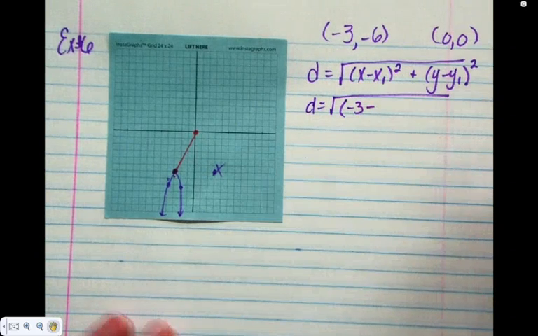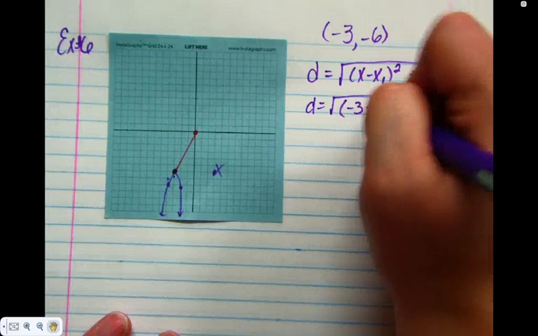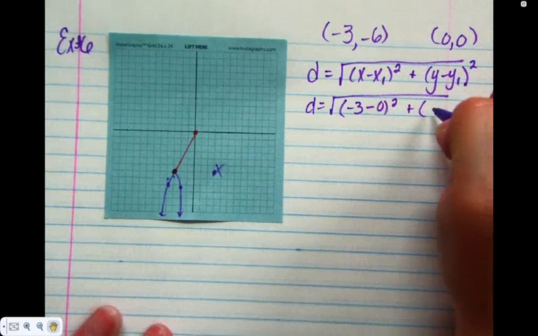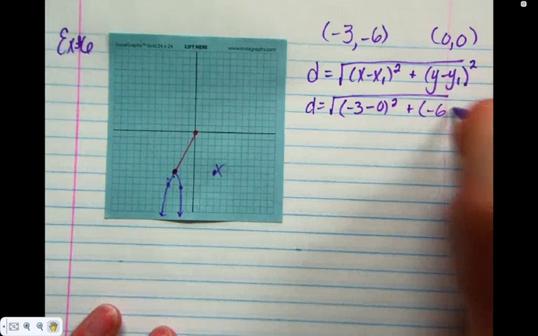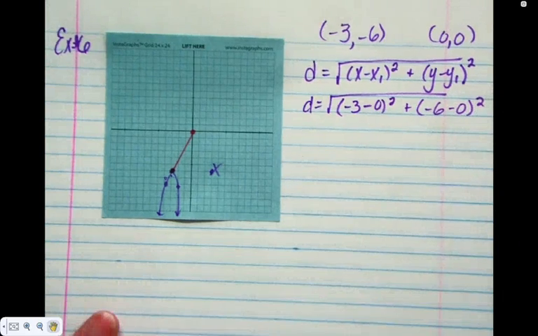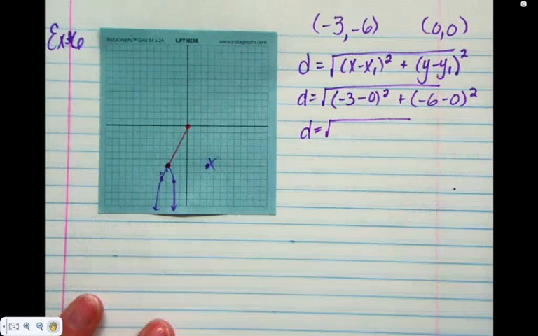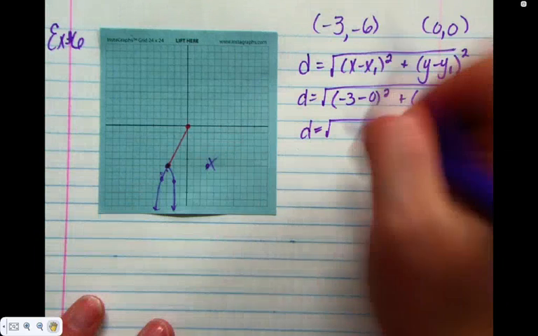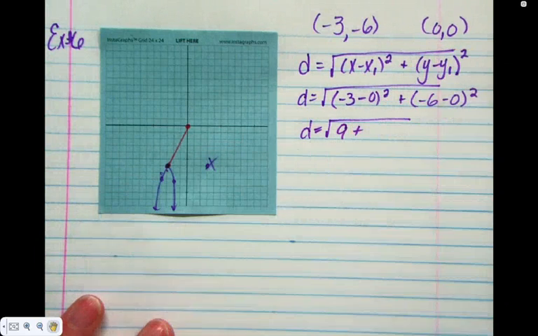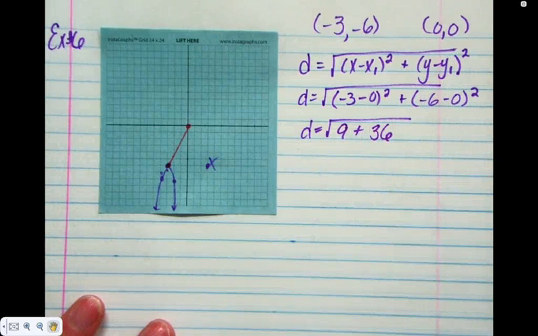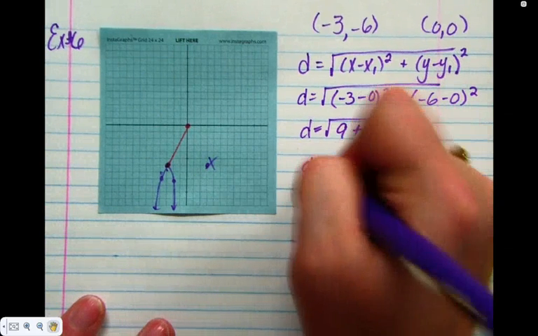So -3 minus 0 squared, and -6 minus 0 squared. -3 squared is 9, and -6 squared is 36. 9 plus 36 is 45.